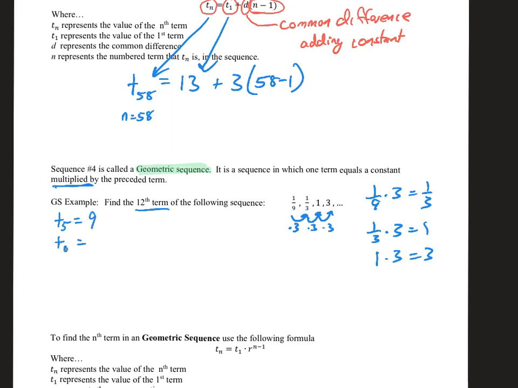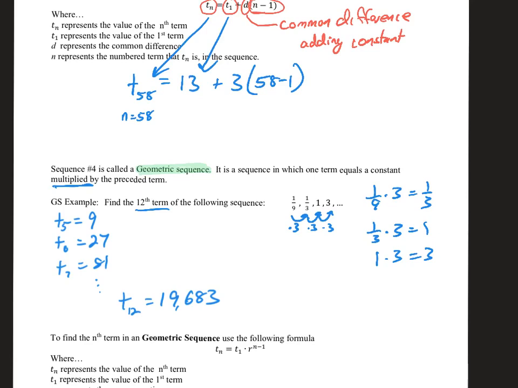And you could probably just grind this out, especially on your calculator. 9 times 3 is 27, and 81, and so on. So it really wouldn't be a problem. And if you went all the way to the end, the 12th term would be 19,683.